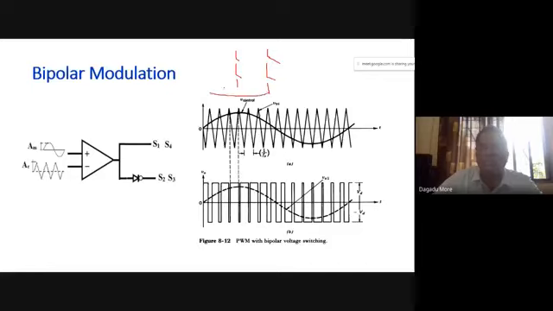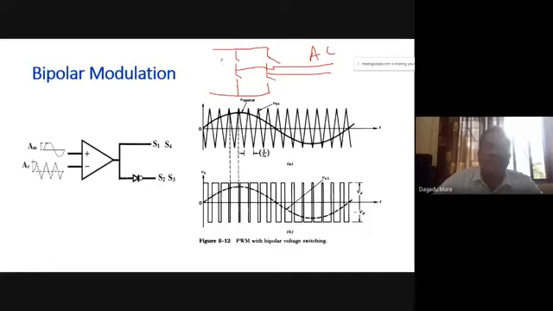This will be our DC side, and from this we have the AC side here, with numbers marked.